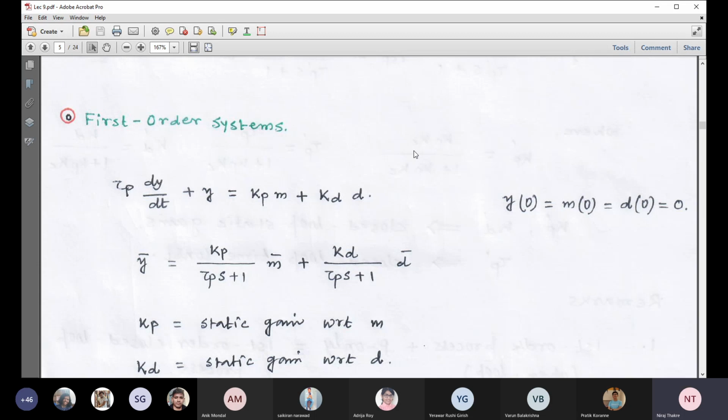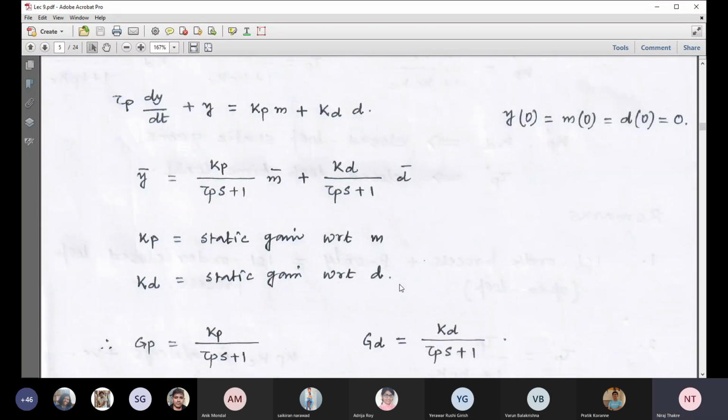I think you can understand this transfer function easily. So earlier we did not consider this disturbance part. Now we are considering this disturbance part.